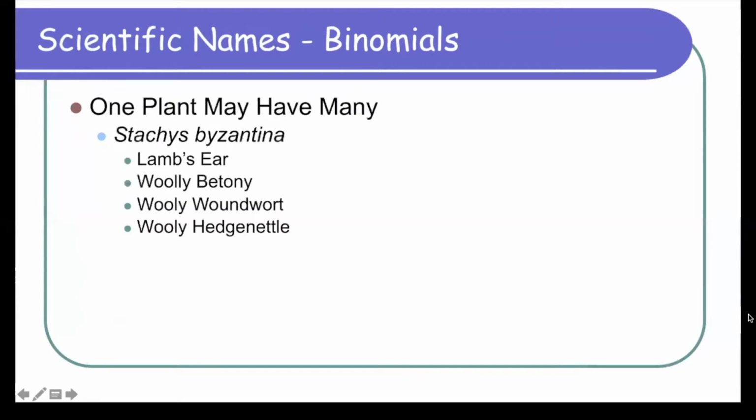With scientific names, one plant may have many common names. So we have the Latin name Stachys byzantina, but we have multiple common names for it. Some people might think it's lamb's ear or woolly betony or woolly woundwort or woolly hedge nettle.